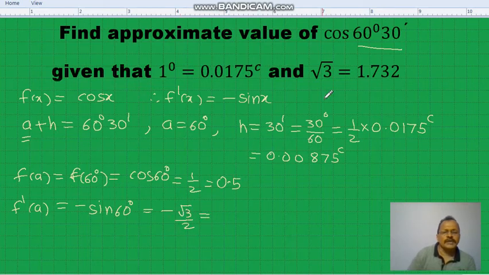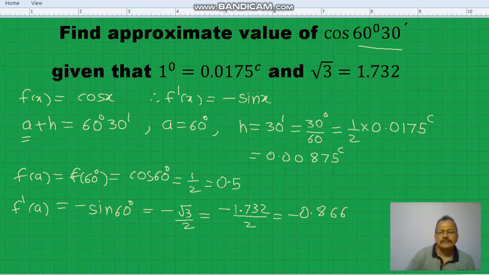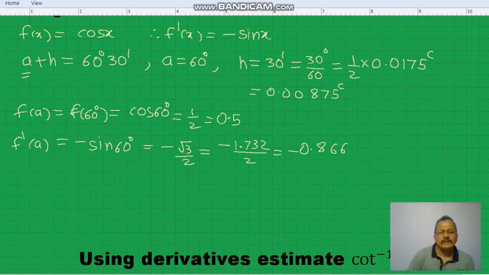The value of root 3 is given to us, so minus 1.732 divided by 2. It is minus 0.866. Now the approximation formula, f(a plus h) approximately equal to f(a) plus h f'(a).